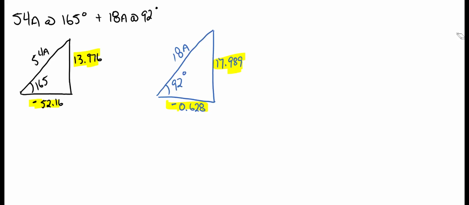So what is the next step? Next step is to add these two triangles together on my horizontal vertical table. So what are my horizontals? Negative 52.16 and negative 0.628. My verticals, 13.976 and 17.989.